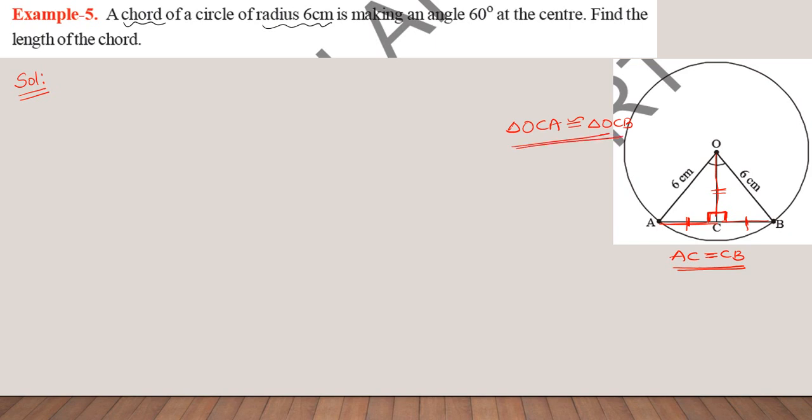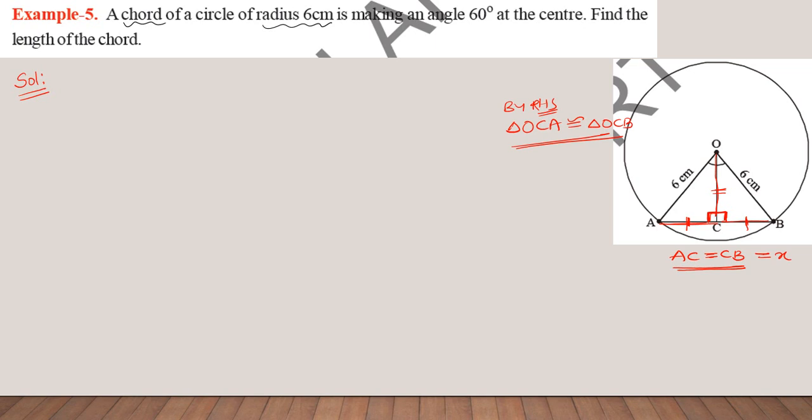Now suppose I consider AC as some x, then CB is also x.